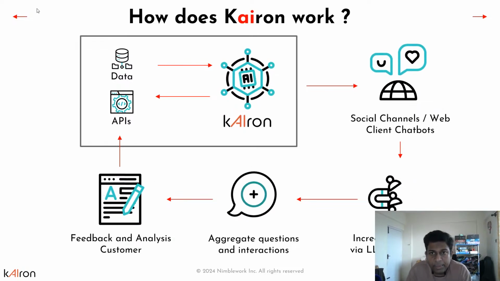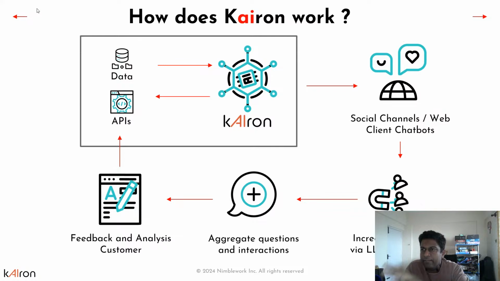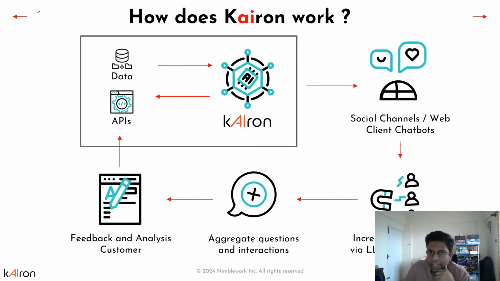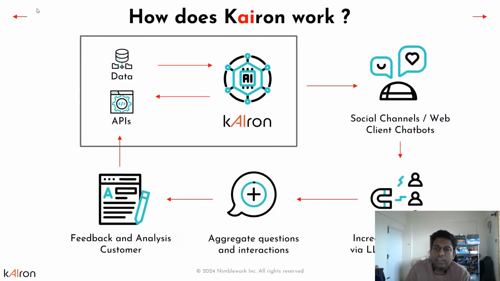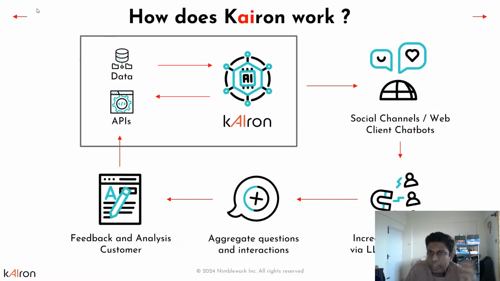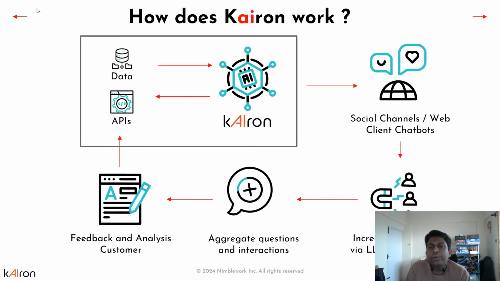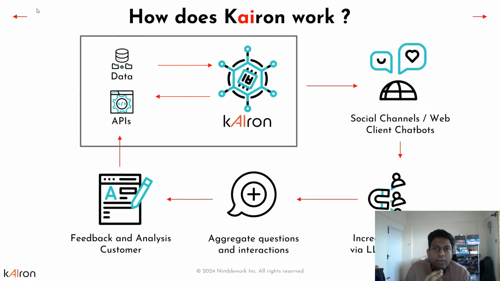It's interacting with the APIs, and this is where the bot resides. So when I show you the Chiron platform, essentially this is the area where the AI sits, right? And then it manifests itself into various channels. So it could be social channels, your web clients, so on and so forth. But the objective of chatbots is essentially to increase engagement, right? You have a large number of chatbot offerings out there.